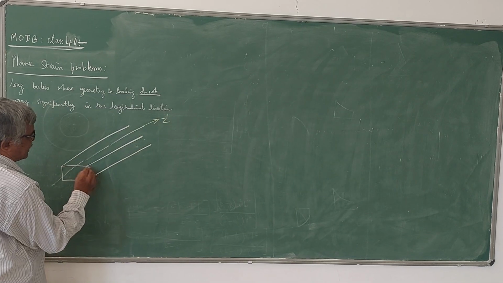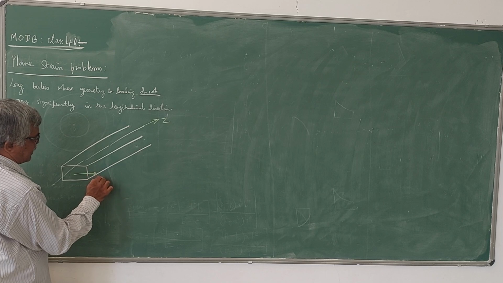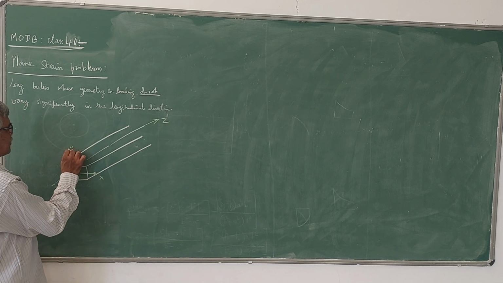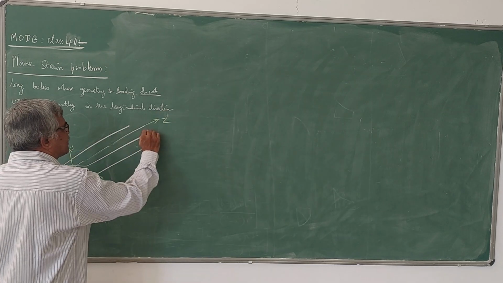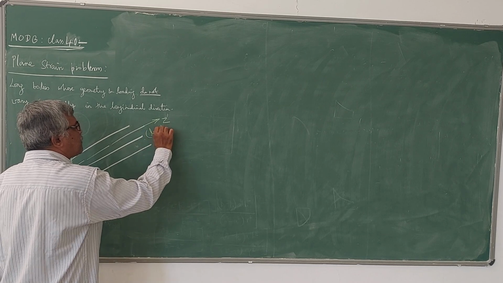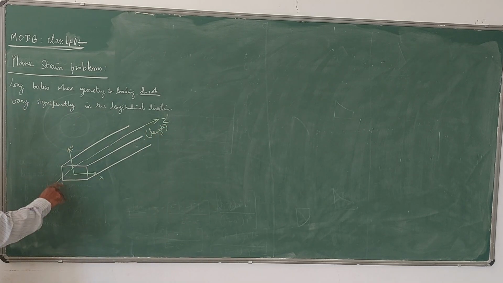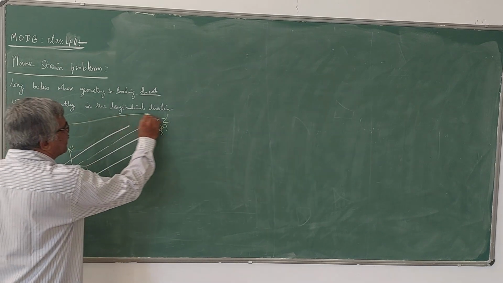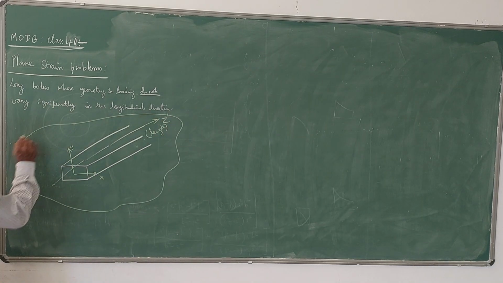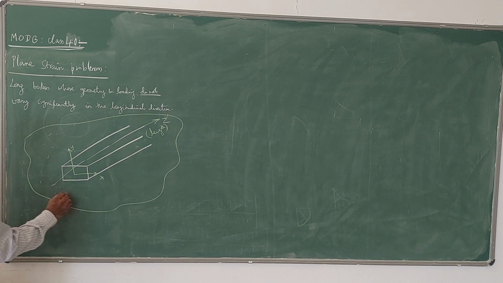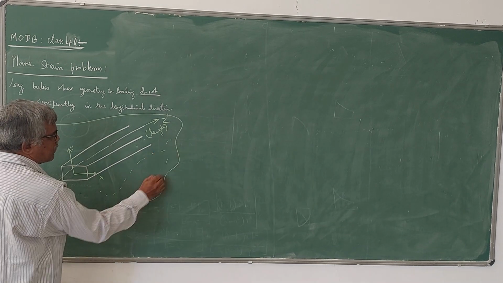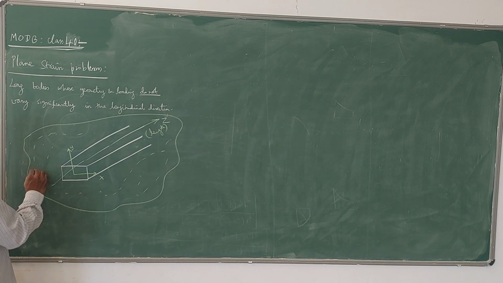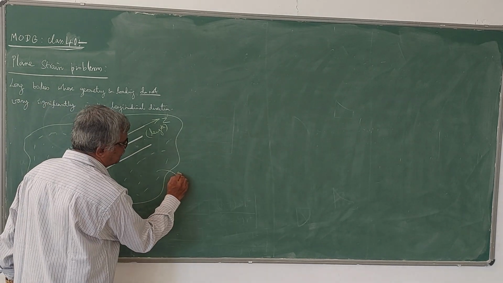X direction is taken like this, and y direction is taken like this. You can observe here that the length is very large when compared to width and depth. So this is surrounded by infinite soil mass, something like this. So this is the soil mass. In such a case, this problem can be written as a plane strain problem.